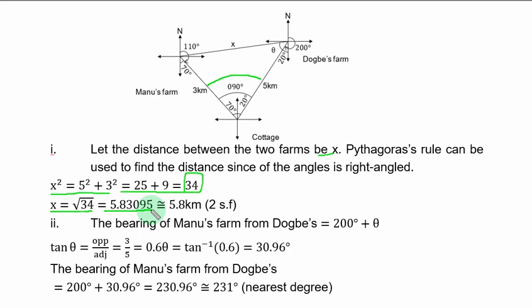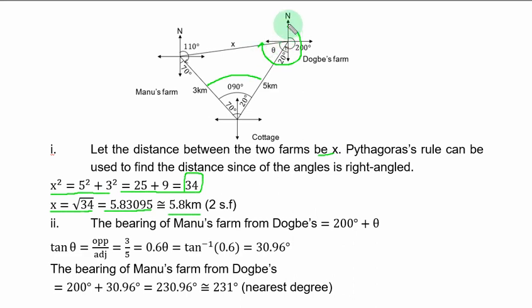That is 5.83095. To 2 significant figures, you have 5.8 kilometers. Part 2 of part A, you have to find the bearing of Manu's farm from Dogbe's. That means you go to Dogbe's farm and you start movement from the north to the line that joins the two farms together.